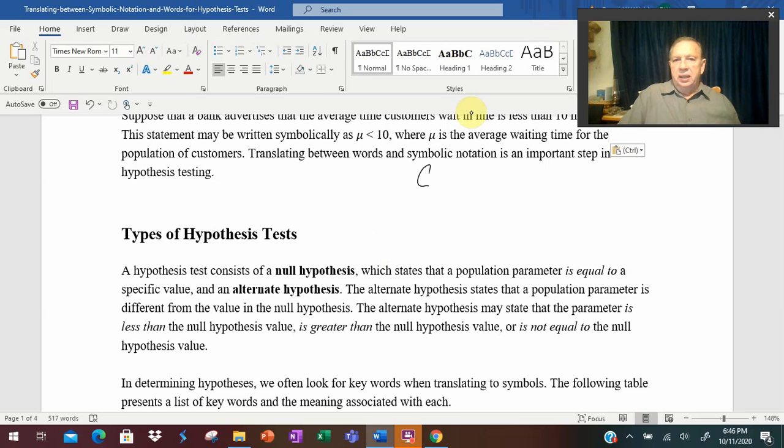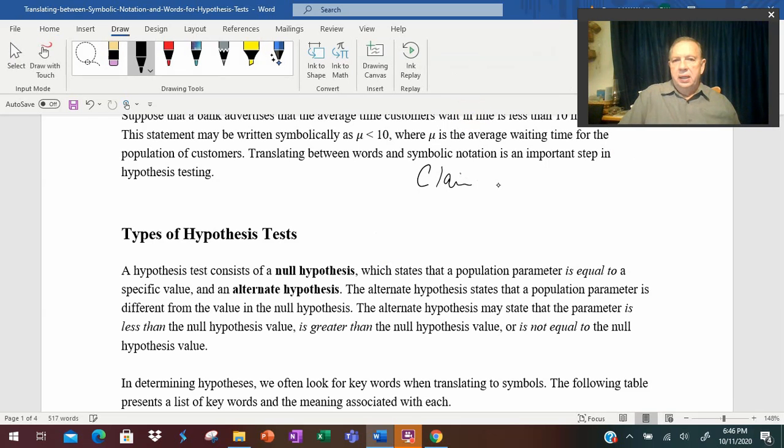Let's say the claim is that the mean time is less than 10. So I'm going to start out with a statement, and make a note, claim, but I don't really care about it at this time. It could be anything. And then I'm going to do a second, and I want to call this the complement.